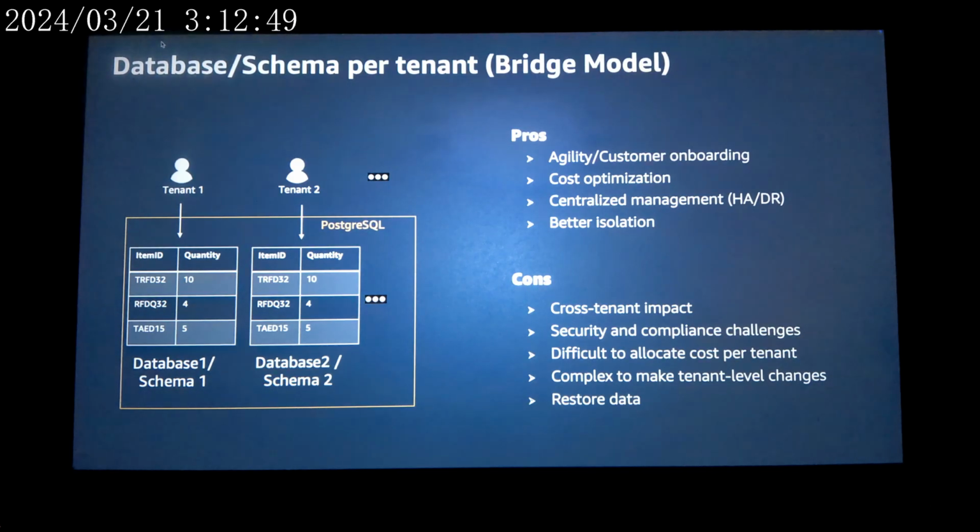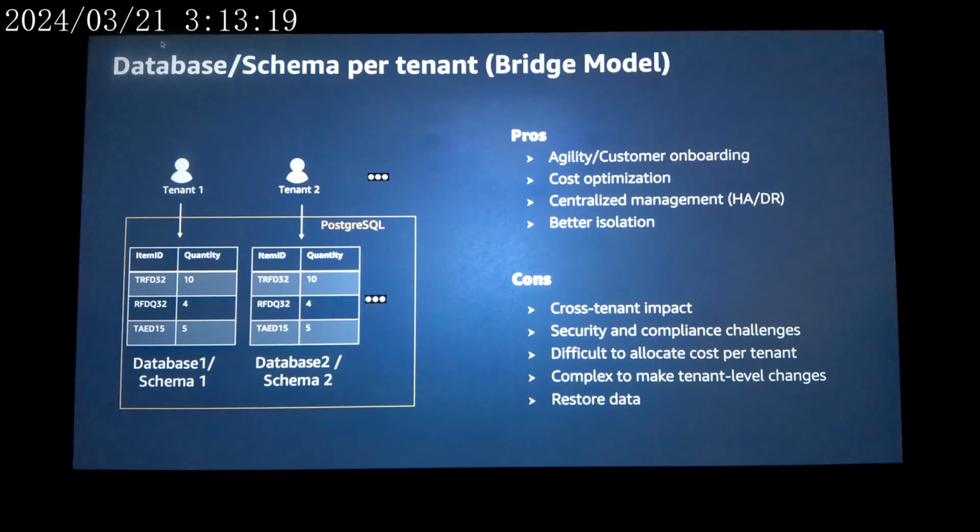Constraints: cross-tenant impact, the same issue we have seen in the earlier model. If there is a noisy tenant, it starts impacting other tenants sharing the same infrastructure. And security and compliance is still a challenge in this model as well, especially if a tenant wants to bring his own encryption key. And it's difficult to allocate cost per tenant. So the same thing applies in the previous model as well.